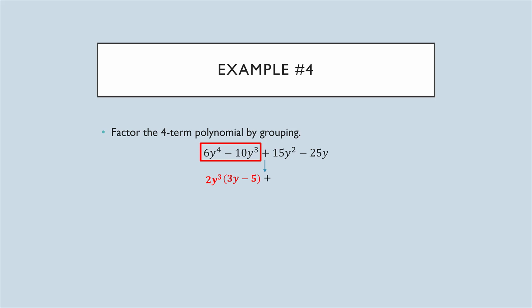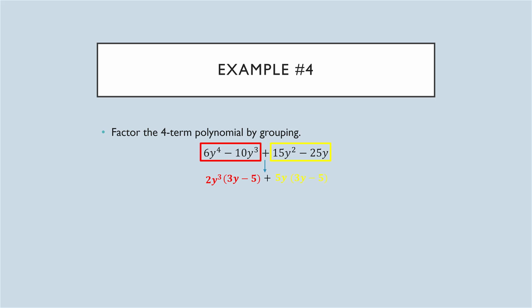And now we're going to look at the last 2 terms and GCF factor those. 15y squared minus 25y. That GCF, or the greatest common factor, is 5y. When I factor out that 5y, I find that I need 3y minus 5.